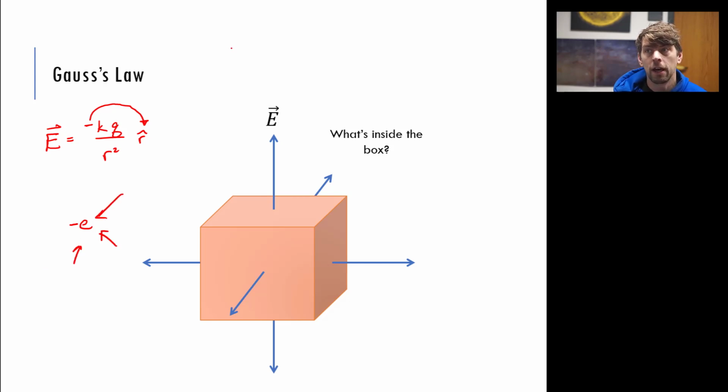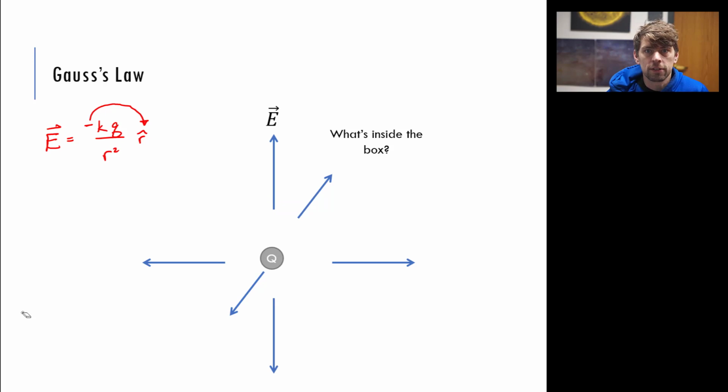Much like a faucet is a source of water and a drain is a sink, a place where water goes to. So here we notice that because the electric field is emanating from the box, we can say that there is some positive charge inside.